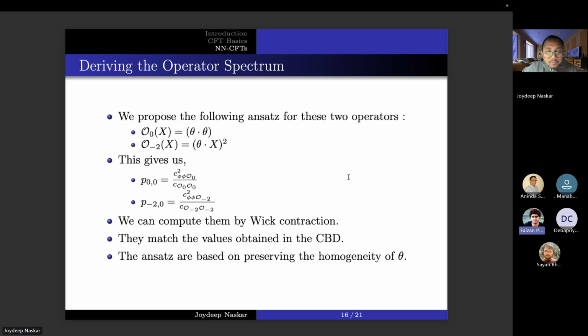Yeah, and I just wanted to know, so do you actually get these numbers out from a neural network? In a sense, no. There's no neural network training right now. It's just the neural network at initialization. Yes.